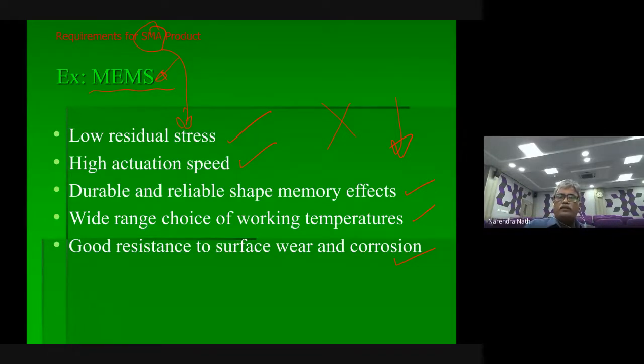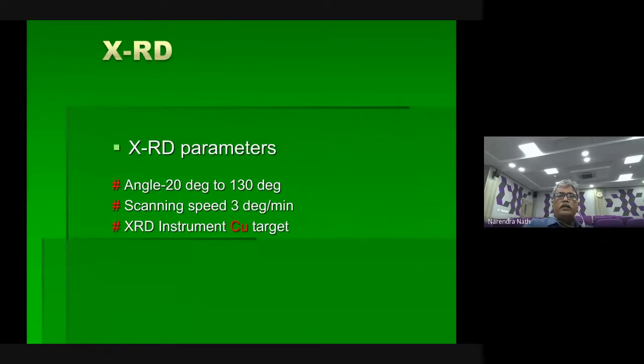And XRD. When you go for XRD, you should know exactly what angle range you want to scan. I said 20 to 30, but you may require 20 to 50 itself. It depends on the underlying elements and scanning speed.